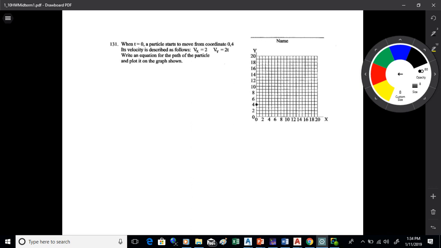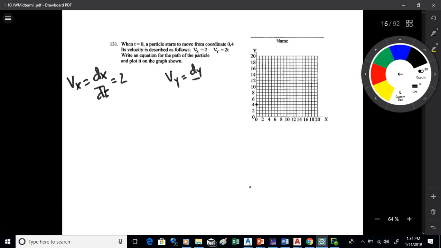Okay, so what you're going to want to do here is start with those velocity functions and realize them for what they are. You've got Vx. Another way to write that is dx/dt, and that's just equal to 2. And then you got Vy, and that's equal to dy/dt, and that's equal to 2t. Okay.